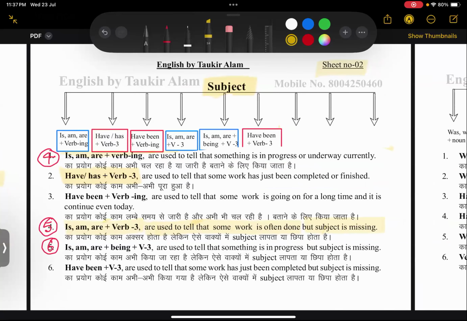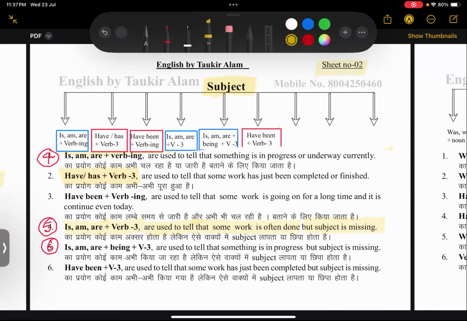Well, also yesterday I taught you is, am, are plus ing form. These are used to tell that something is in progress or underway currently. Then is, am, are plus verb in third form are used to tell that some works are often done but the subject is missing.